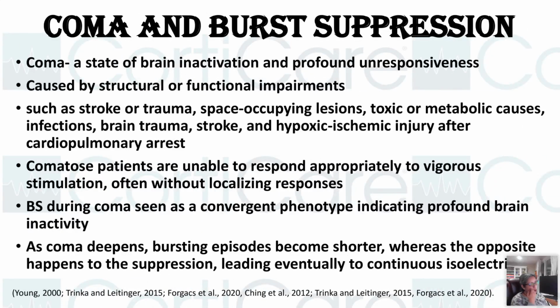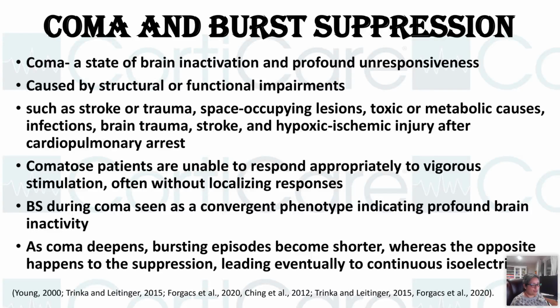Coma in general causes burst suppression, right? If you hook up a comatose patient, you're going to see a discontinuous EEG, maybe a burst suppression EEG. So what's happening during coma? The brain gets inactive. The patient is obtunded. The patient is not himself. There could be some structural impairments.